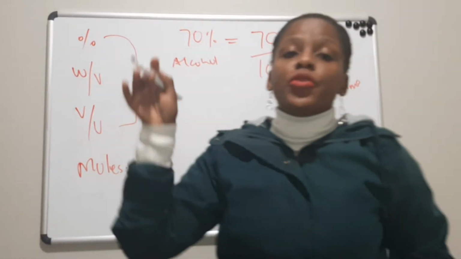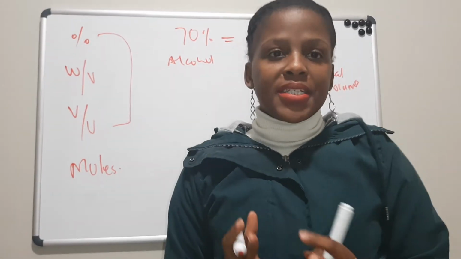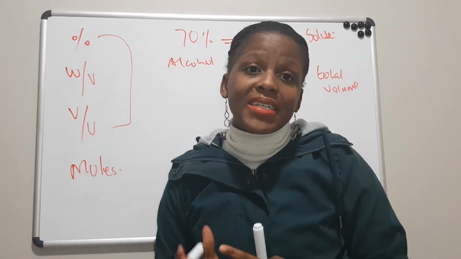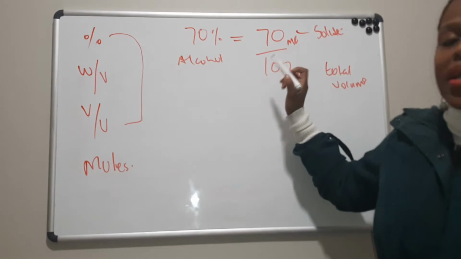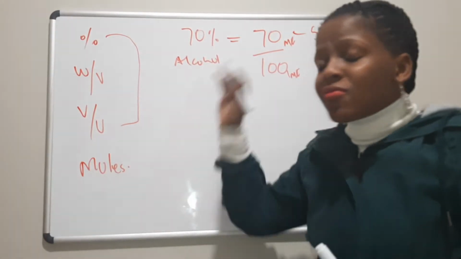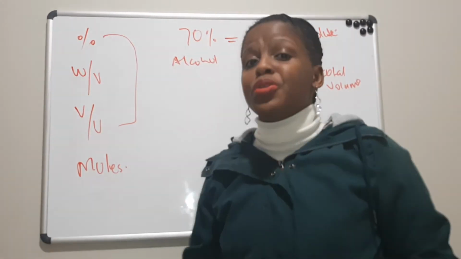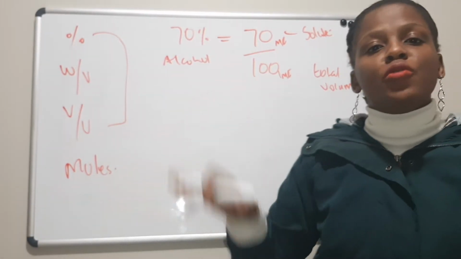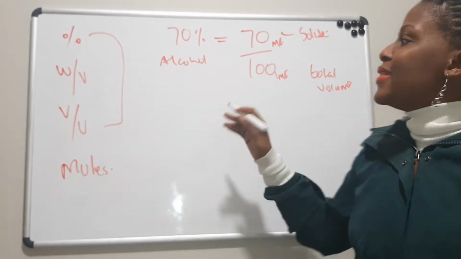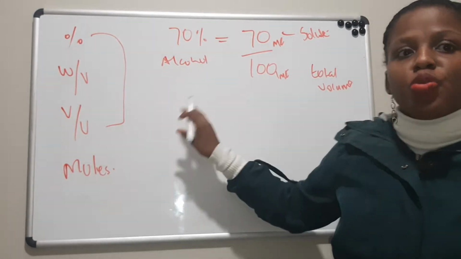So if you were to prepare 100 ml of 70% alcohol sanitizer, what you are going to do is add 70 mils of alcohol, and then you will top it up to 100 mils, because your total volume is supposed to be 100 mils, and that's what the percentage would be.